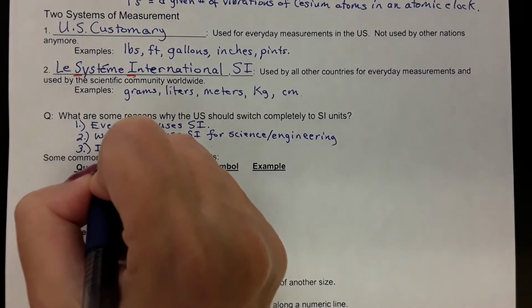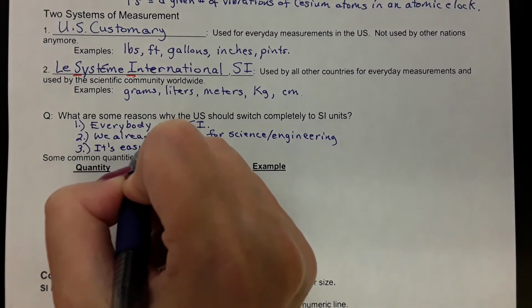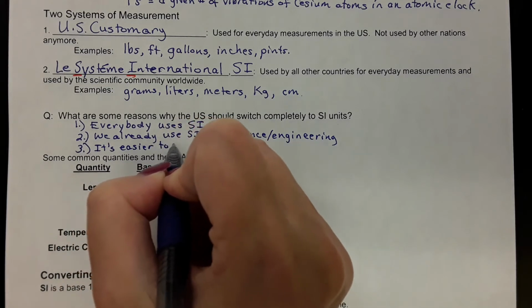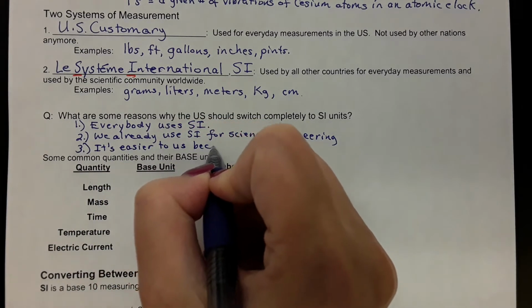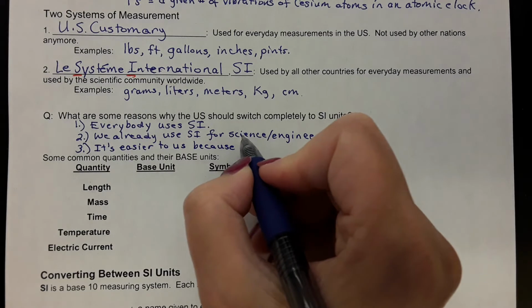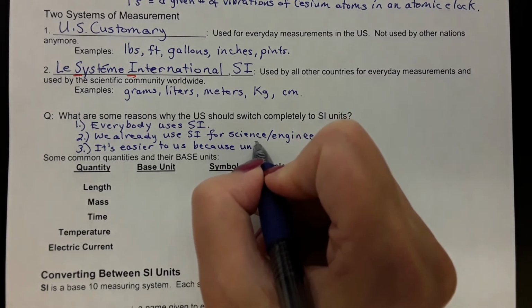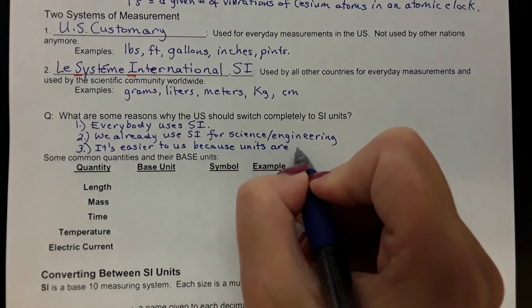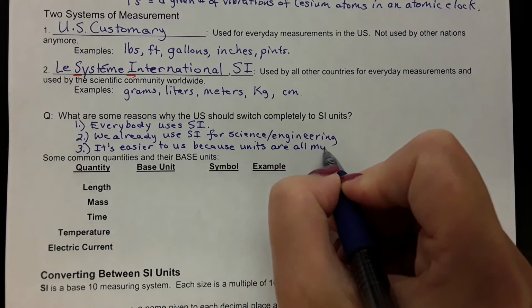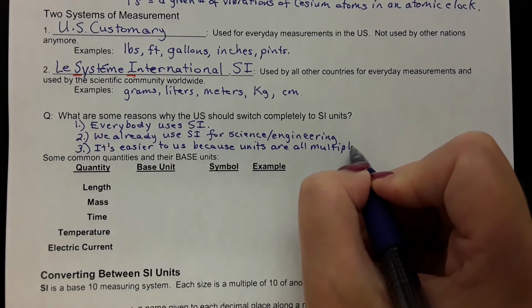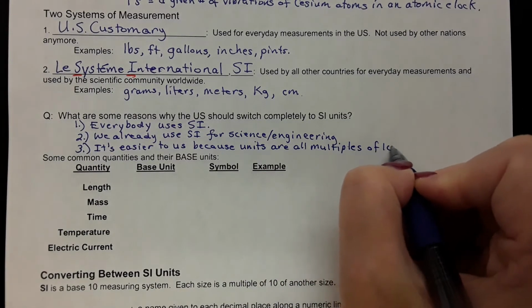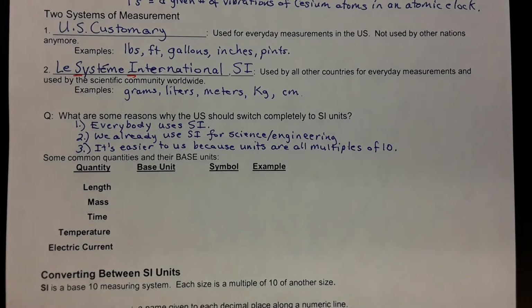And thirdly, it's a system that's actually easier to use, because the units are all multiples of 10. They're all multiples of 10. So it's a base 10 system.